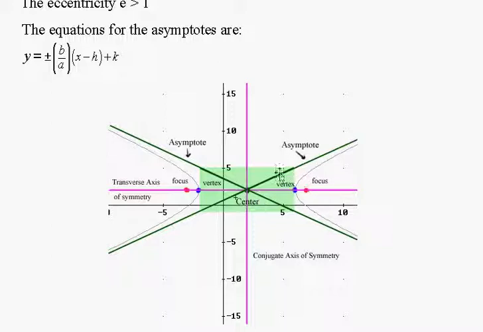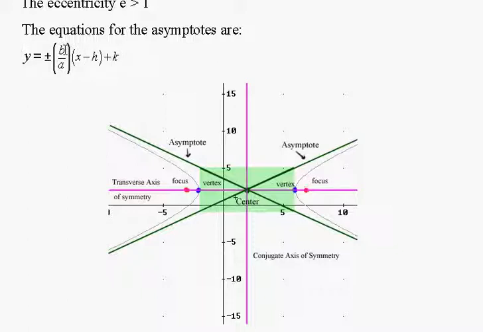So we can find the asymptotes by going left and right A to find the 2 vertices, going up and down B, thinking of those 4 points as the midpoints of sides of a rectangle. Construct the rectangle. The diagonals are the asymptotes. We can also find the asymptotes by calculating their equations. Their equations for a horizontal hyperbola is y equals plus or minus b over a distributed to x minus h, plus k.